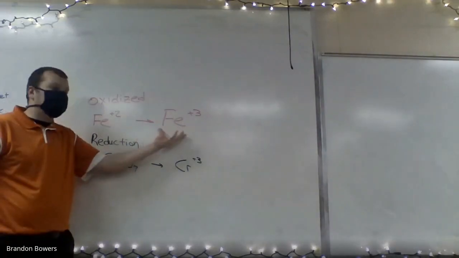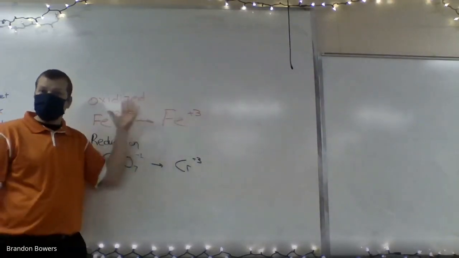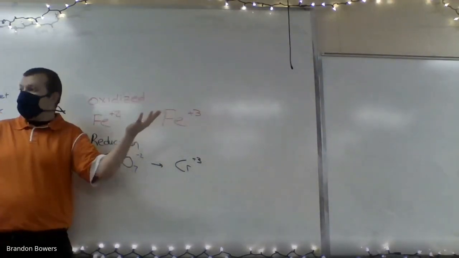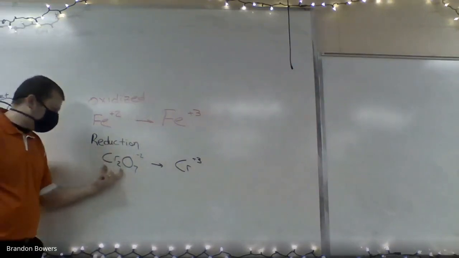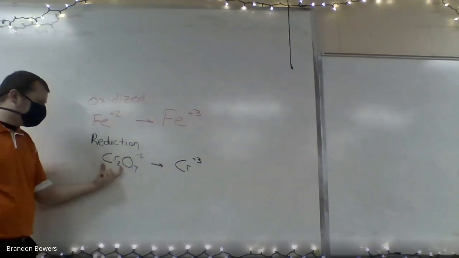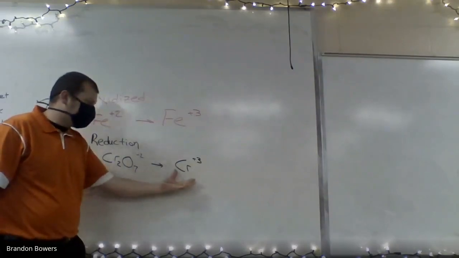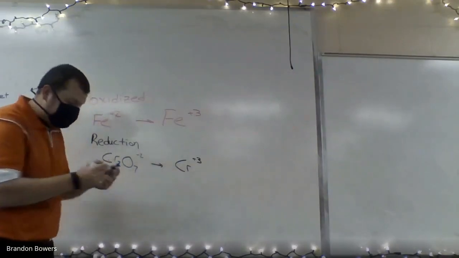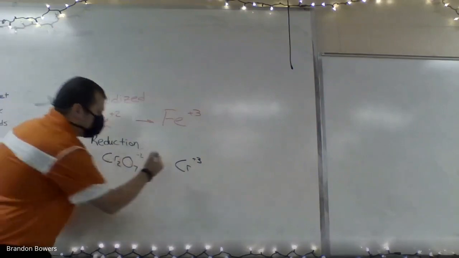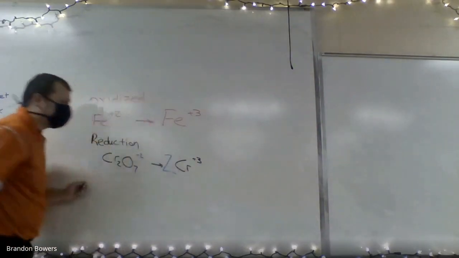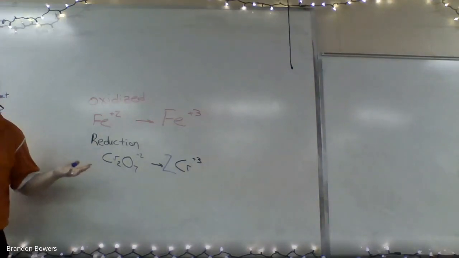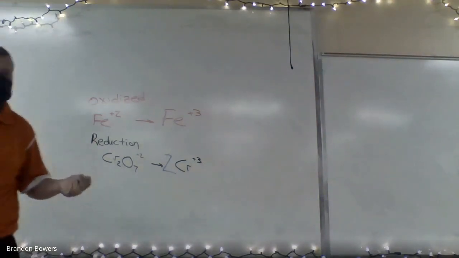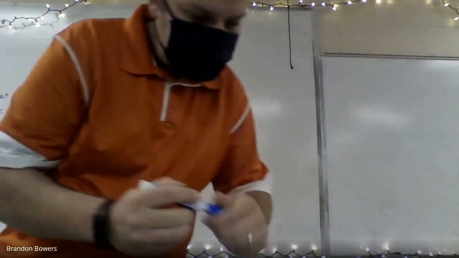How many irons do I have here? 1. This is balanced. Let's go to the bottom one. Chromium. How many do I have here? 1. So I gotta put a big old 2 right there to double that. Does that make sense? So they're balanced. That's step 2. I just nailed step 2.